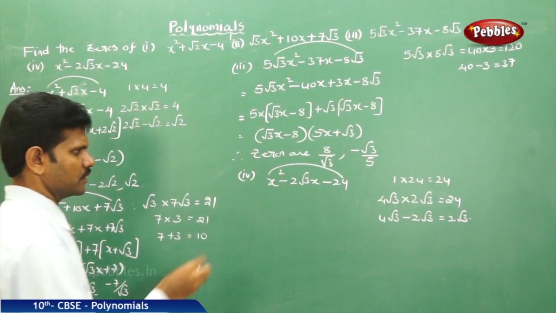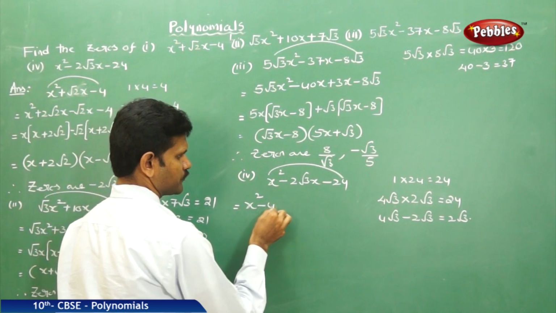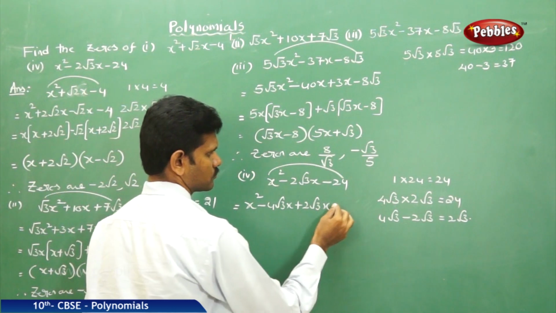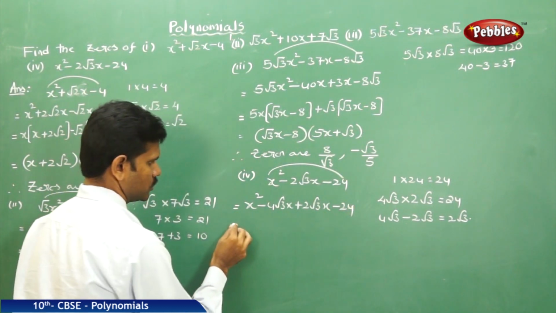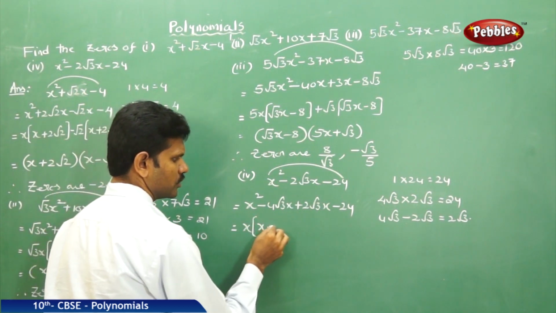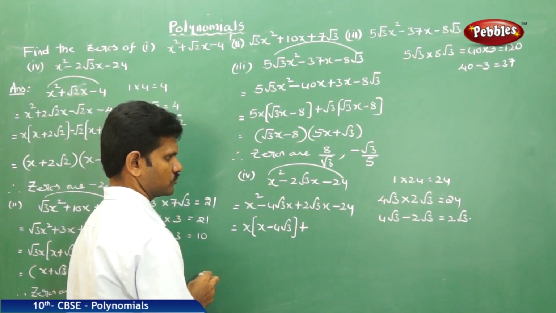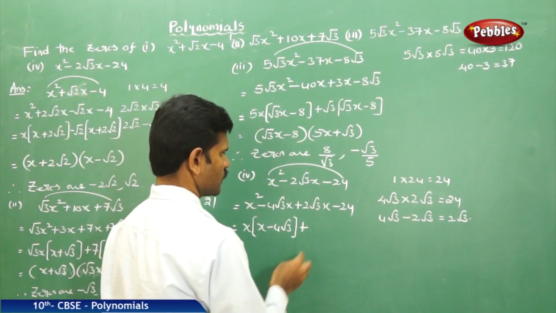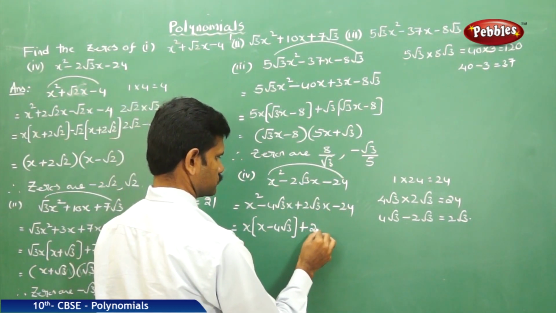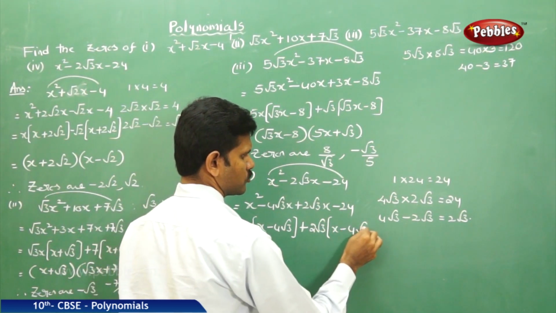Now my middle term is ready, that is equal to x square minus 4 root 3x plus 2 root 3x minus 24, that is equal to, from this one take x common. If you take x common, x minus 4 root 3, plus, now from these two take 2 root 3 common. If you take 2 root 3 common, x minus 4 root 3.